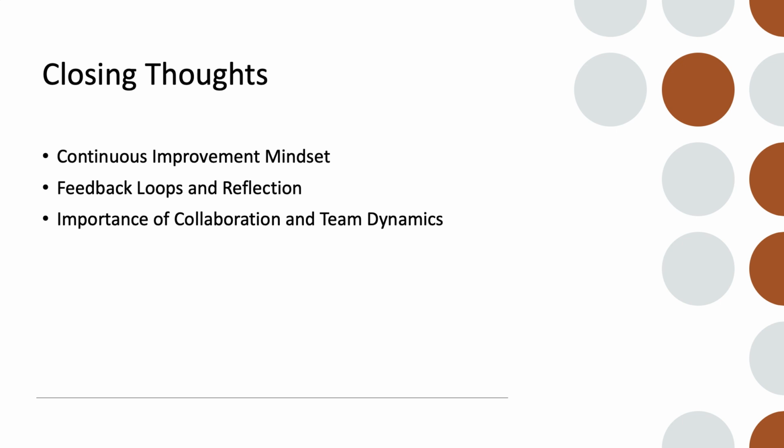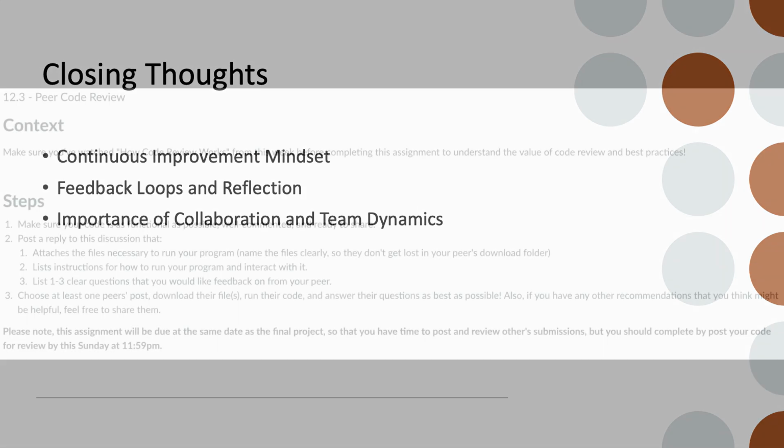Ultimately, code reviews are not just about finding and fixing defects, but also about promoting collaboration, sharing knowledge, and strengthening team dynamics. By following best practices and embracing a collaborative mindset, teams can leverage the power of code reviews to deliver high-quality software that meets the needs of users and stakeholders alike.